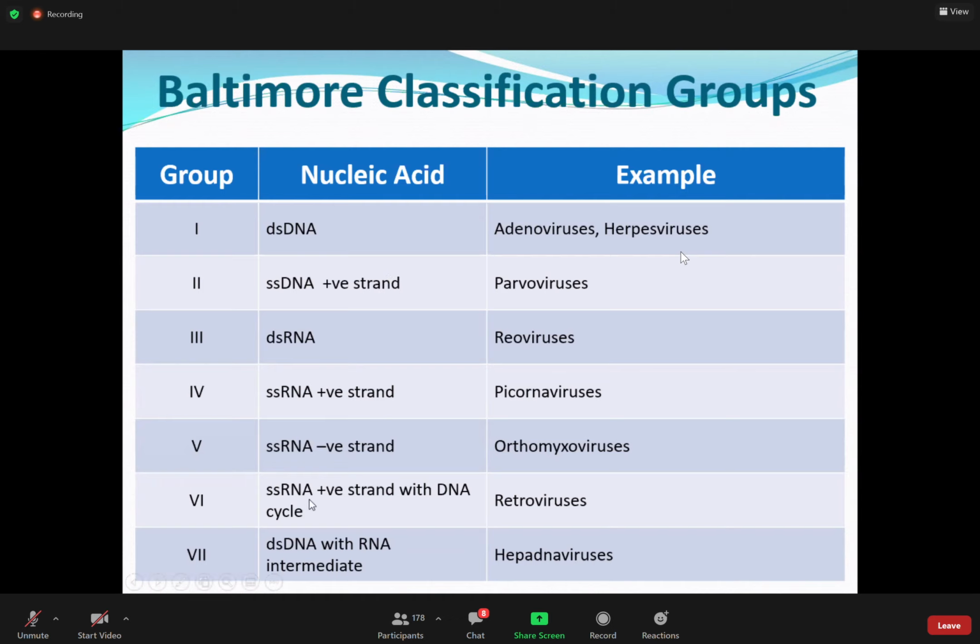We get these retroviruses which are single-stranded RNA which go through this DNA intermediate where they can go latent, and then this special group, the hepatitis B virus, which is essentially a double-stranded DNA, but as it replicates it goes through an RNA intermediate, but then back into a double-stranded DNA.